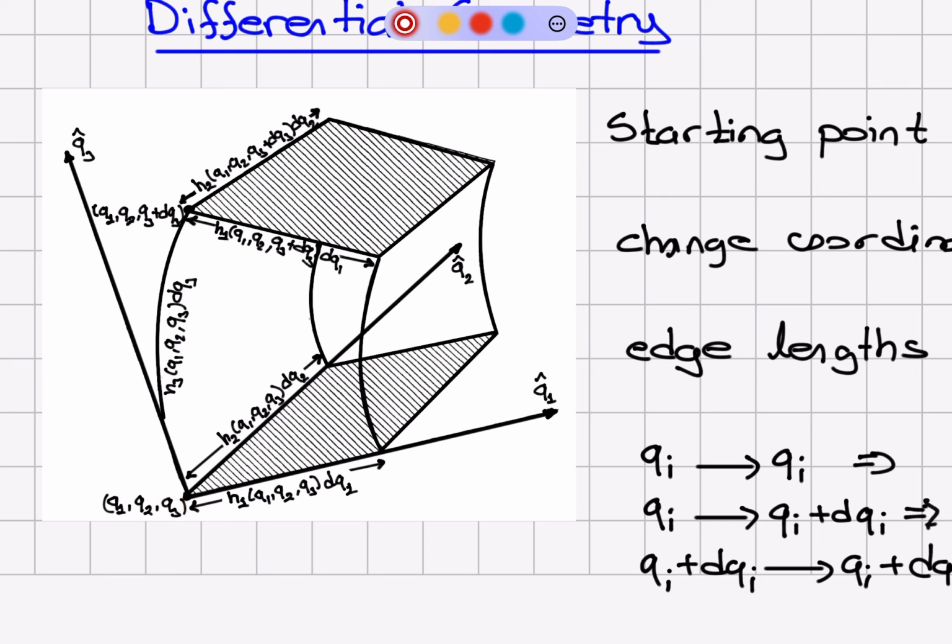Here I'm going from q1 to q1 plus dq1, and here I'm going from q2 to q2 plus dq2. These are the new positions.